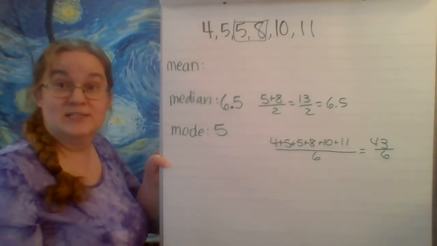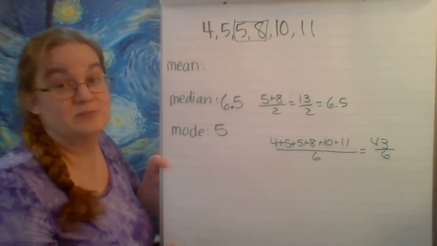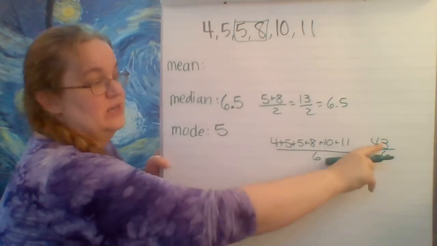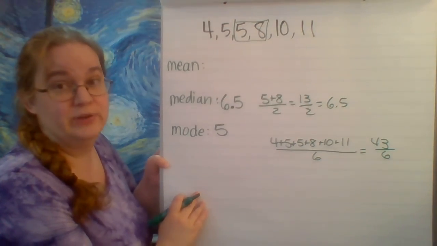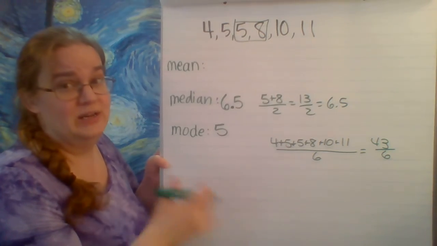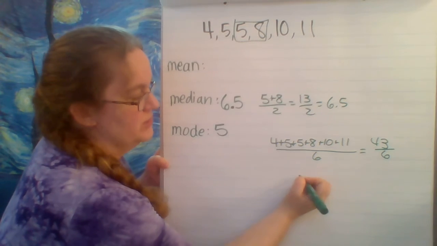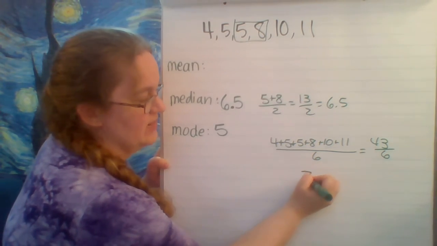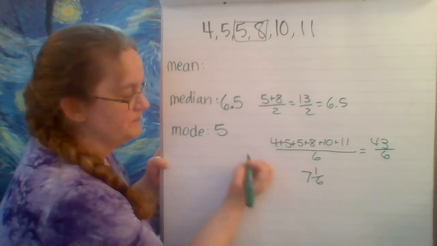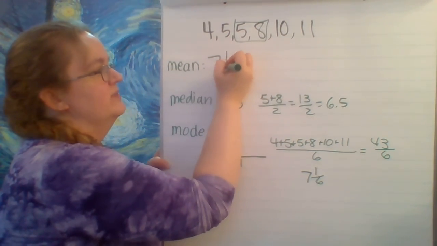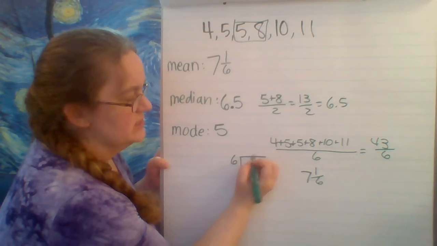Now, I said in the last example, fraction or decimal is totally fine. I would have this one as a fraction. The reason is 6 is not going to go evenly into 43. And if I do divide it, I'm going to get a repeating decimal. We can take a look at that. But 6 goes into 43 7 times with 1 left over. So I would write 7 and 1/6 as the mean.